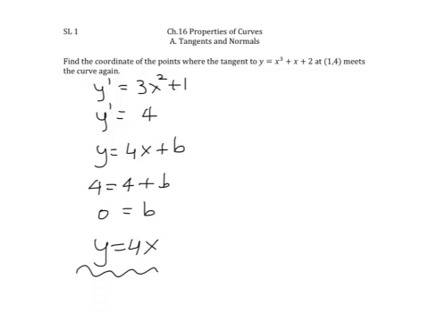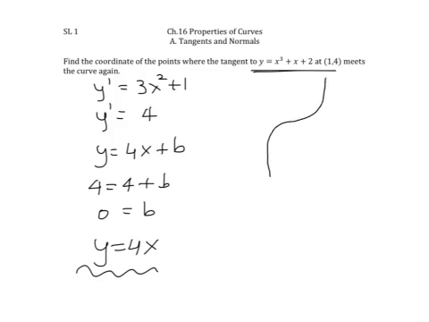We're interested in finding the coordinate where y equals 4x is going to meet y equals x cubed plus x plus 2. So on your calculator, you're going to put in y equals x cubed plus x plus 2, and you're also going to put in y equals 4x and see where they intersect. So x cubed looks something like this.